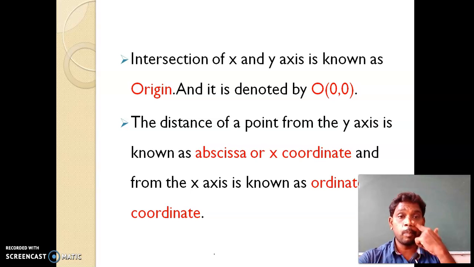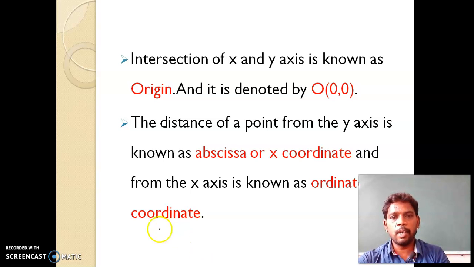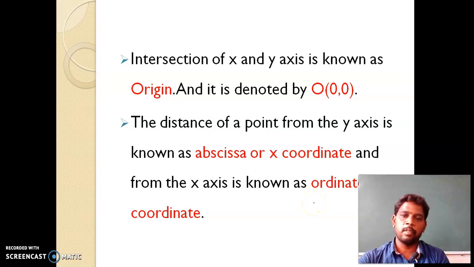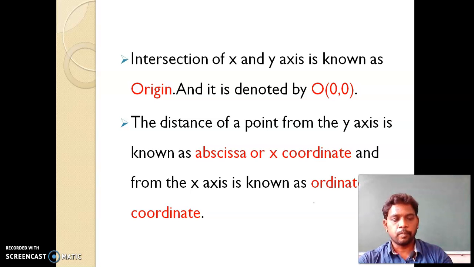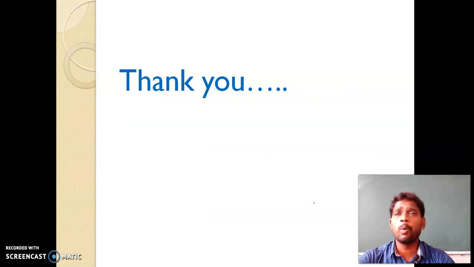The distance of the point from the y-axis is known as the abscissa. Similarly, the distance from the x-axis is known as the ordinate, and this ordinate is always parallel to the y-axis. So these are the important concepts, definitions and properties under coordinate geometry.